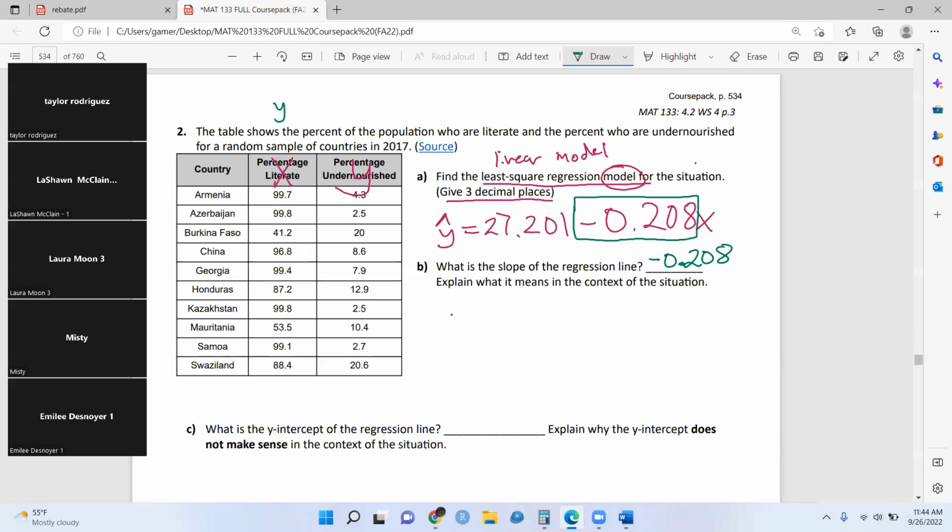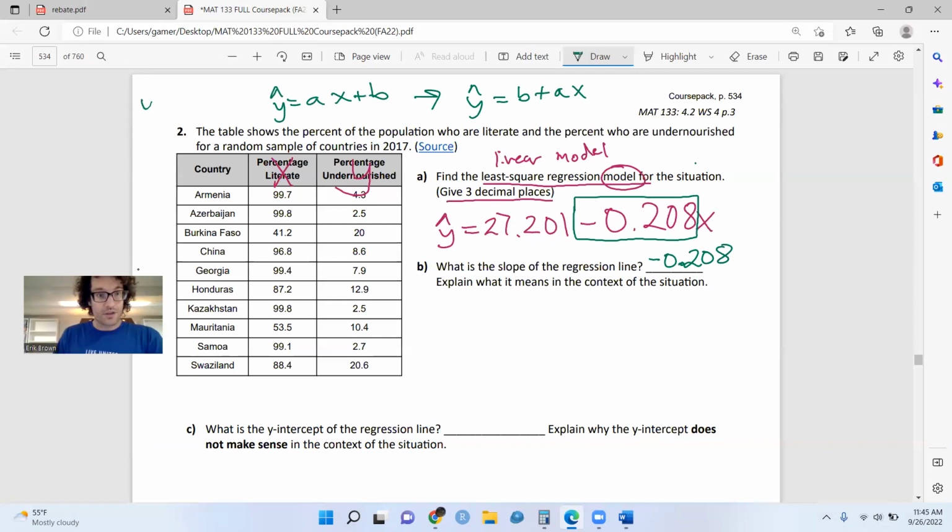If you look at how the equation was written like this in your notes, and StatCrunch writes it like this. So if we wanted to write this equation in the same format as our notes, we would have to switch the order of these two terms, and we do it as negative 0.208x. Oh boy, now I'm out of space.